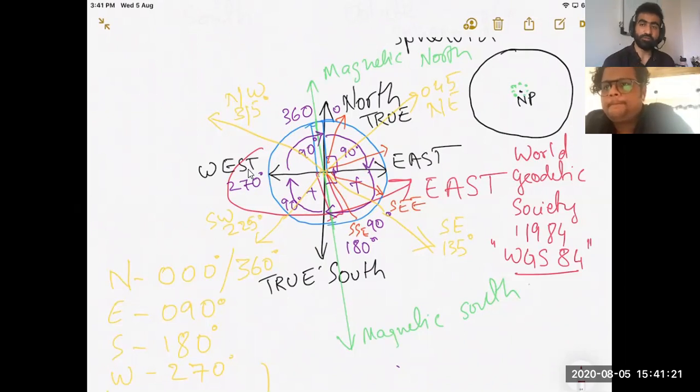But we have to focus only on the 8 directions, out of which 4 are cardinal points.